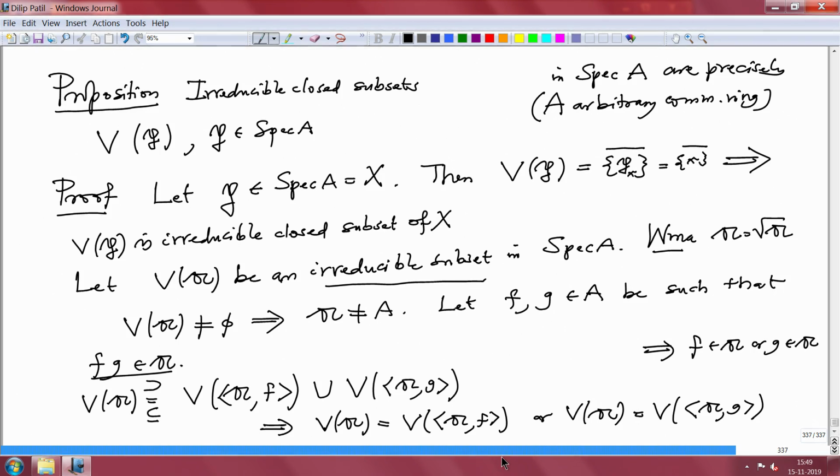But if the V's are equal, what does this mean?